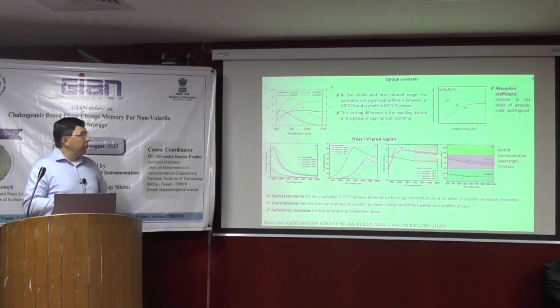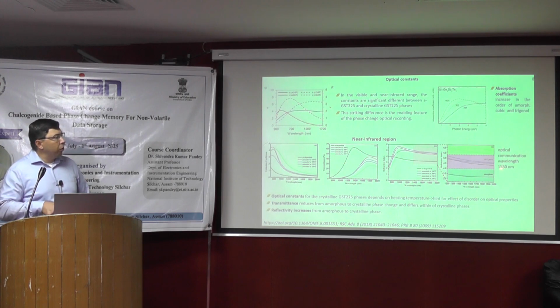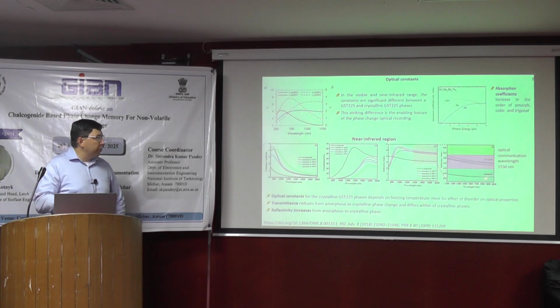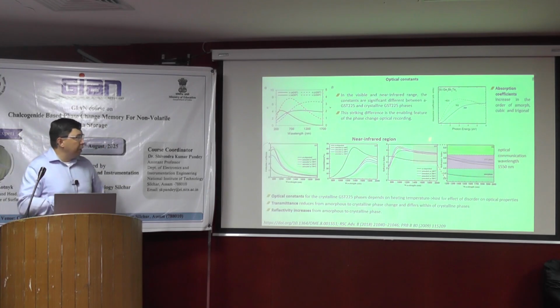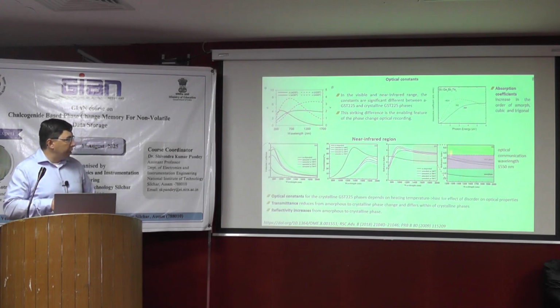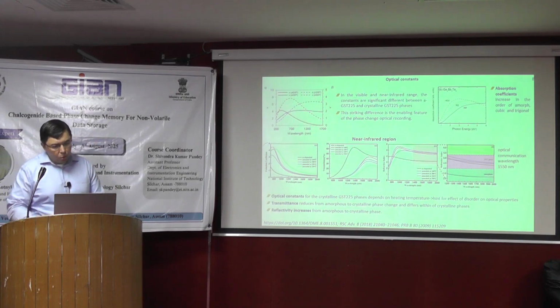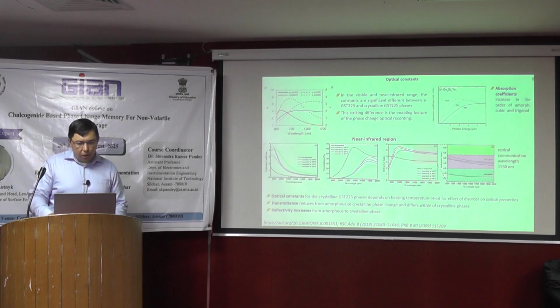What is interesting for optical communication, which is in the range of 1.5 micrometer, is that there is also a difference between amorphous and different crystalline phases in transmission and reflectance. So optical constants for crystalline GST225 phases depend on the structure.